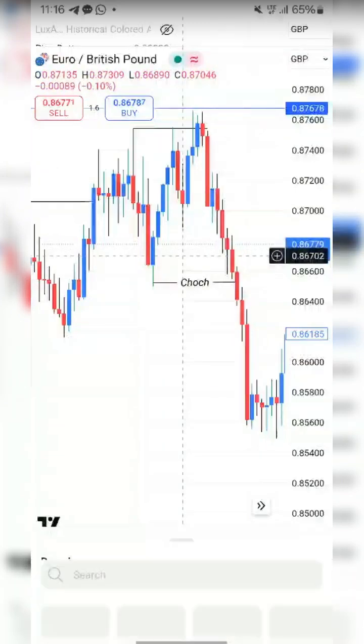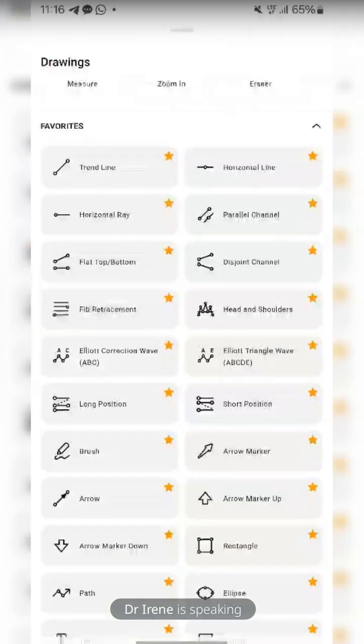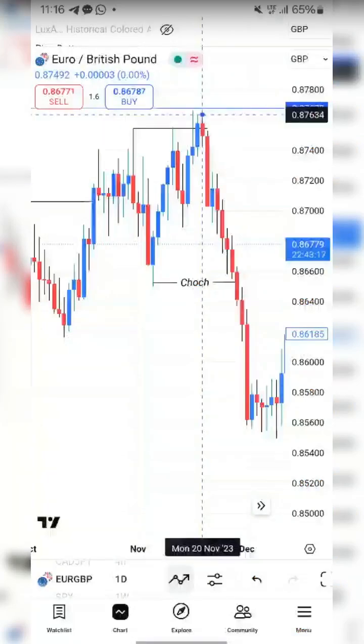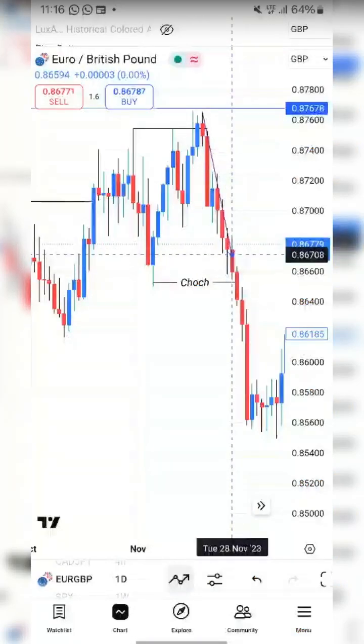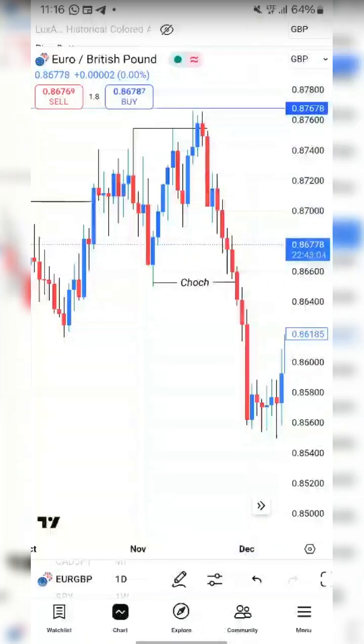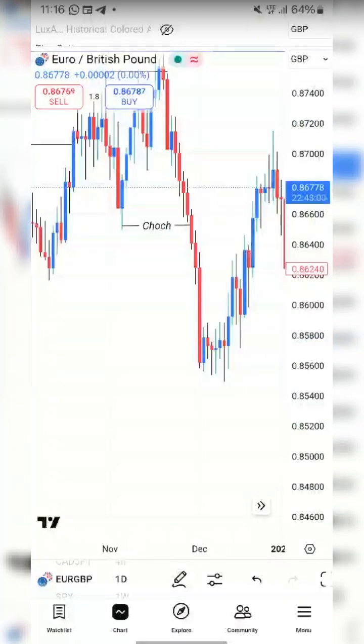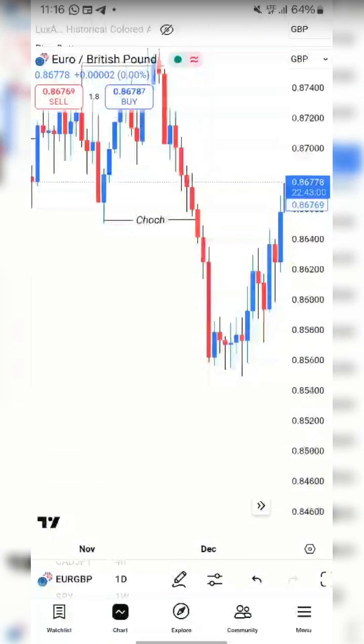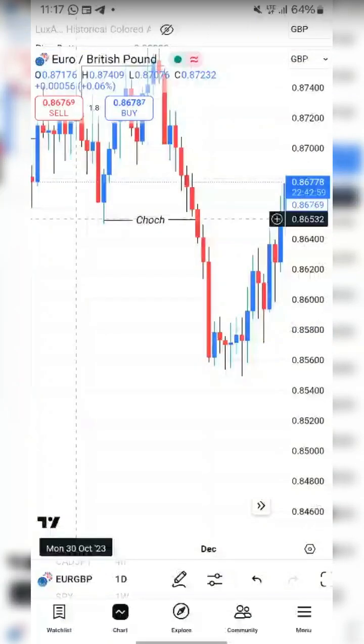Let me draw it. It's supposed to come from this point, maybe come somewhere like this, and go back to the up. Then you have your break of structure again, like that. Just be going like that. But market decided to do what? Break below this particular point. So it's now called a change of character.